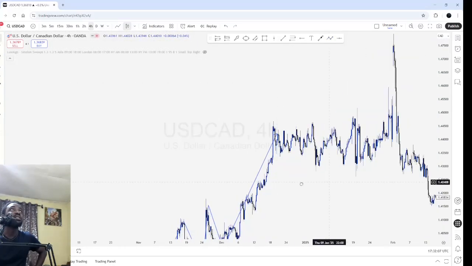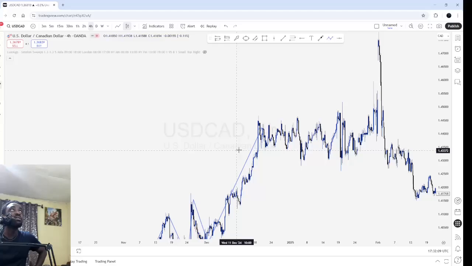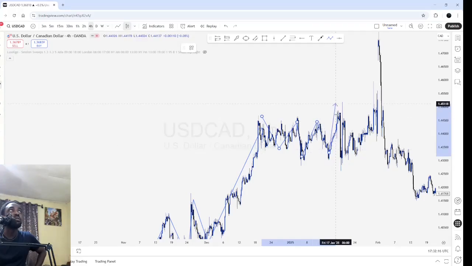You get me? And now after we had a consolidation zone, price didn't know where to go. You get me? Price didn't know where to go until we had a push. There's a gap. So price gapped down and came down again. Still, it came back to the zone.